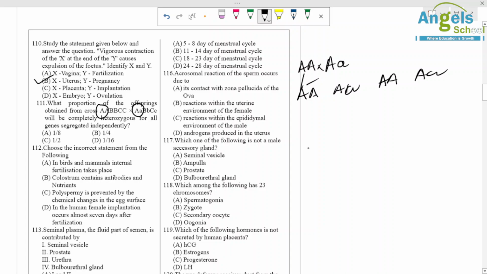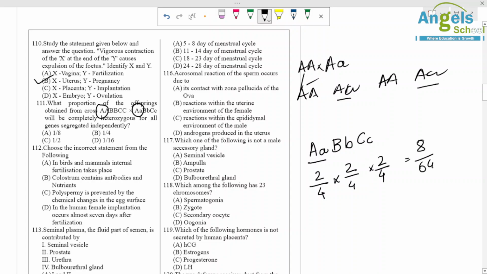So you have to find heterozygous for all these three alleles. So capital A, small a, capital B, small b, capital C, small c. In monohybrid cross, capital A, small a, you get 2/4. Same way for B and C also. So 8/64, and again you have to simplify. So 1/8 is the correct option.